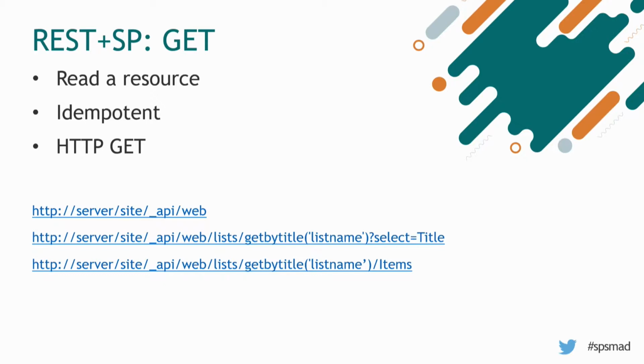So if we do that, we'll send an HTTP GET request to our SharePoint or Office 365 server, and we'll provide the correct endpoint. The endpoint that is representing the resource, right? It's a representation of the resource. For example, API web. Let's do that.